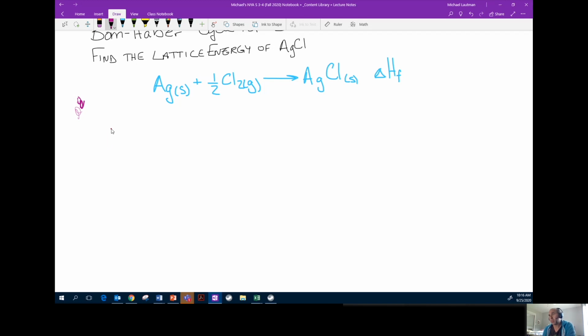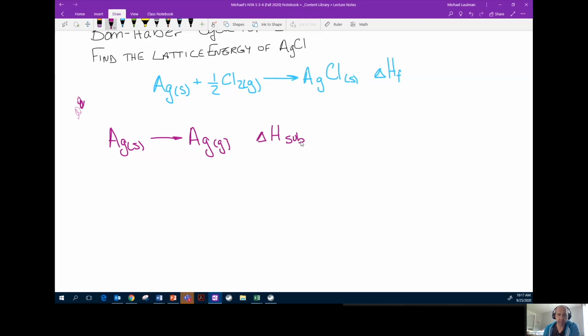For example, if we start with silver solid, we want to turn it into silver gas. Now, remember, this is just a model that we use. This isn't exactly how it happens, but it works. And this is sublimation. Going from the solid to the gas is called sublimation. So I'm going to call this delta H of sublimation.